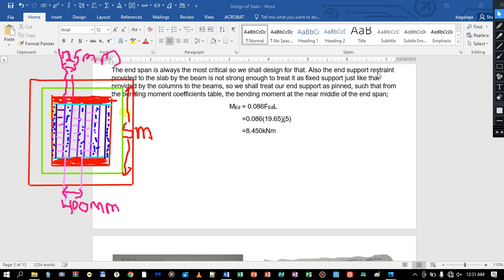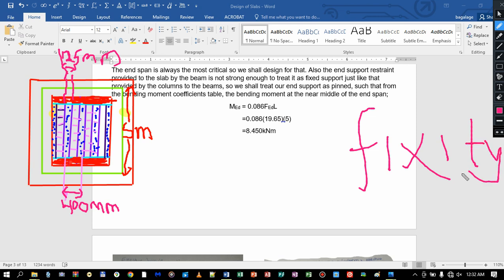Also, the end support restraint provided to the slab by the beam is not strong enough to treat it as a fixed support, just like that provided by the columns to the beams, which means the beams don't fix the slab in position the way the columns do.